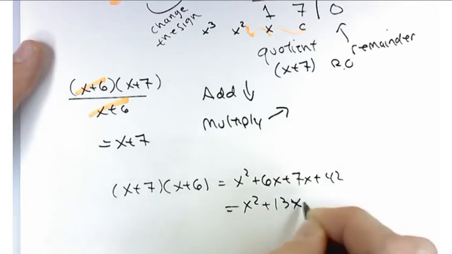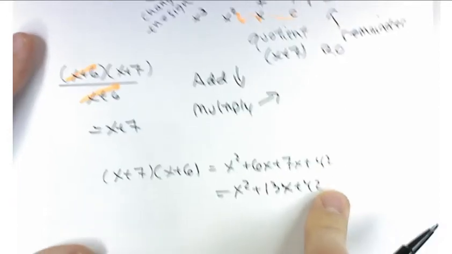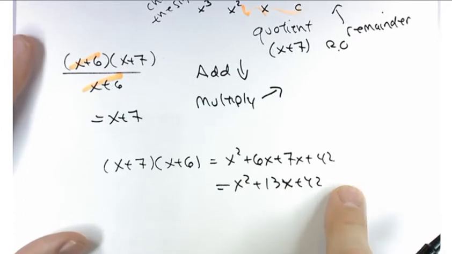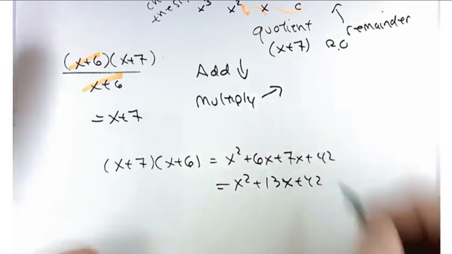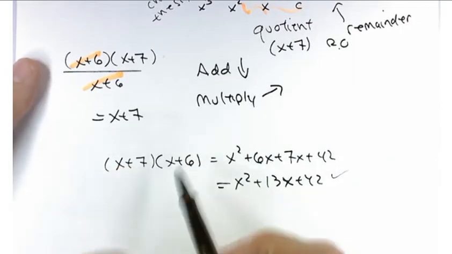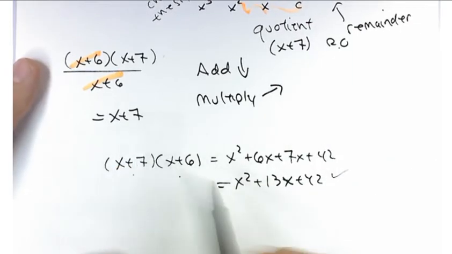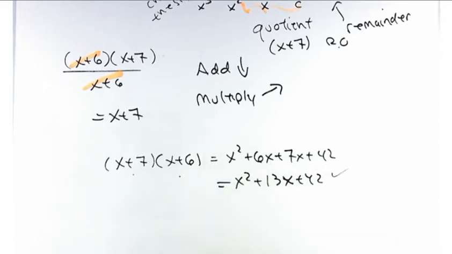So 13x plus 42. There was 0 remainder. If I did have a remainder, then I would add the remainder onto this product. But there's 0 remainder, so it checks. So my quotient times the divisor gives me that. Okay, so nice. Yeah, real good question there.